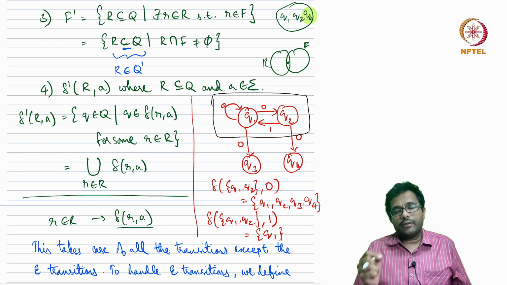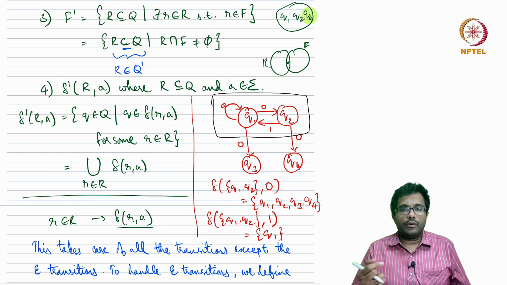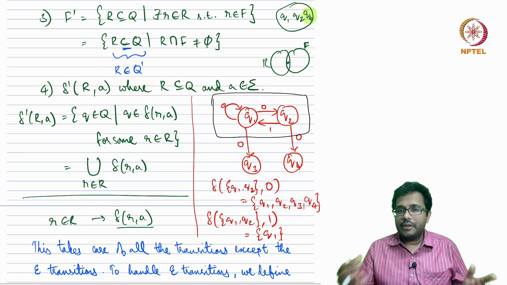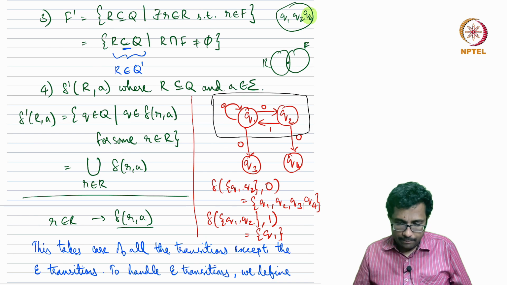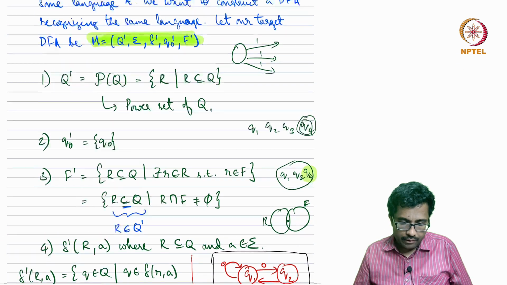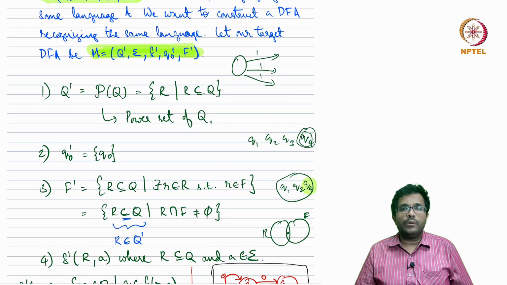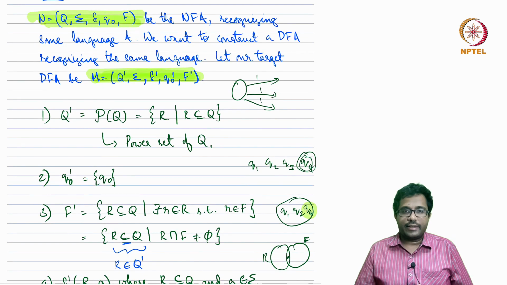For each element of capital R, you see where all you can go upon seeing A, and you take the union. So this completes the definition of the DFA that is equivalent to the NFA that we started with.